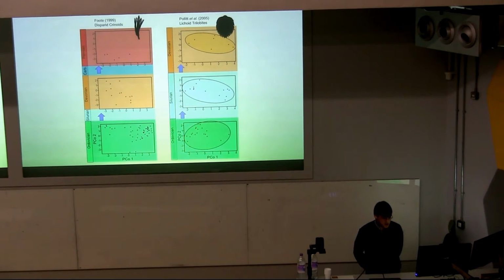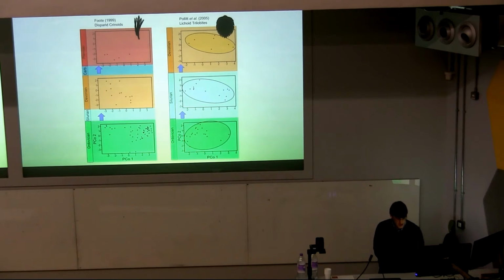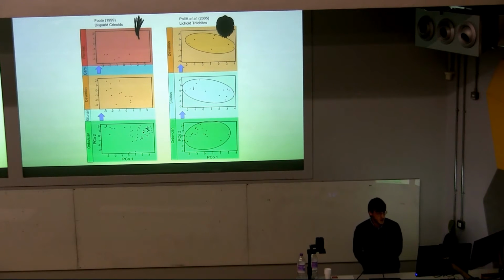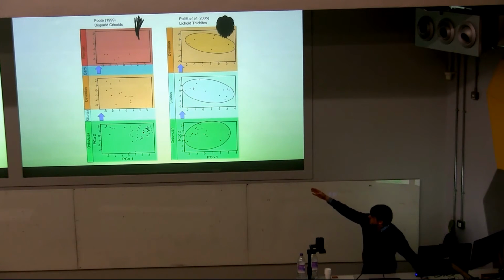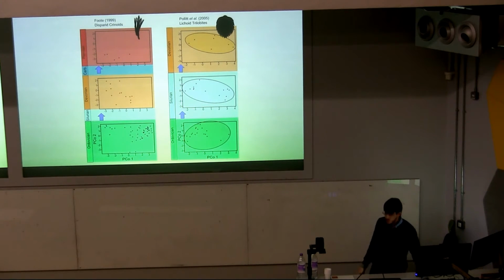The other way that I think you can do this is in clades that show early high disparity to the extent that subsequent subclades and taxa are essentially filling in the gaps within the bounds of that early radiation. So here you see a group that shows very high disparity early on, and subsequent taxa are evolving within those limits.